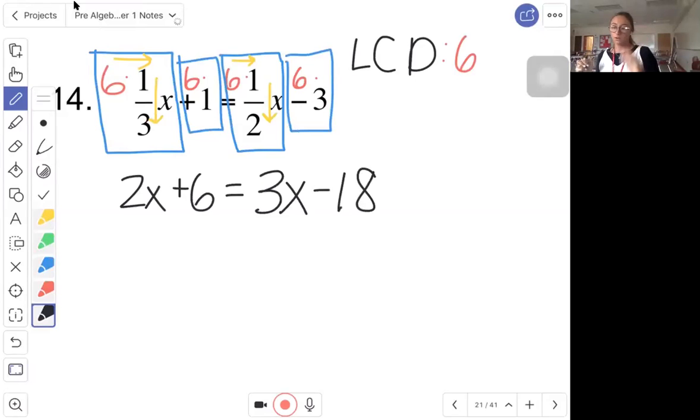Awesome. All right, so now we're going to want to combine our like terms. So let's bring our variable to the left-hand side. If we want to bring our variable of x to the left, what should we do next?